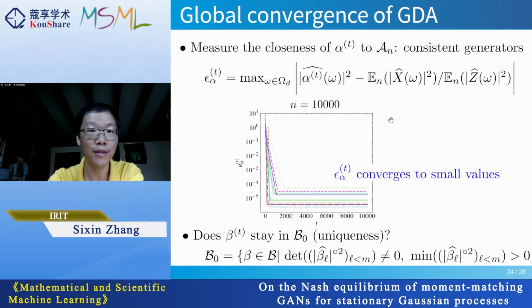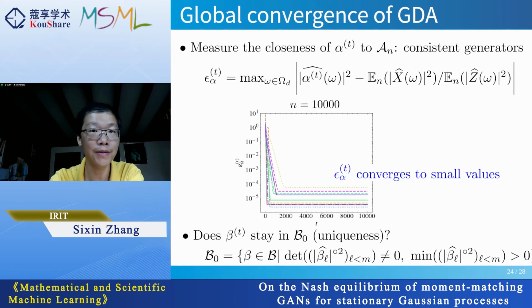For n big, we can measure closeness of alpha t to the consistent set alpha n by looking at this error. If this error is 0, then we are in this set. We can track this numerically and see that it's indeed pretty small.